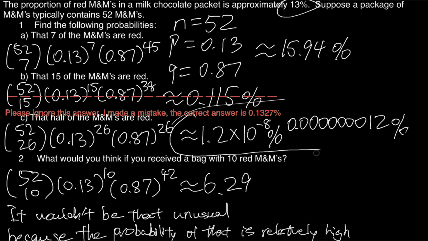That is a really small percent. So relatively, the chance of you getting a bag with 10 red M&Ms, 6.29%, isn't really that unusual, I would say.